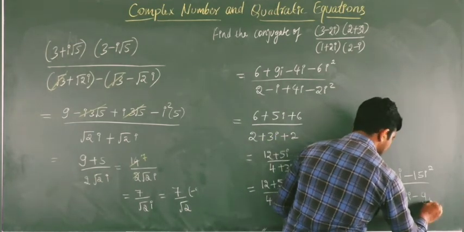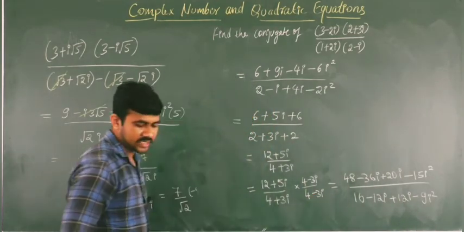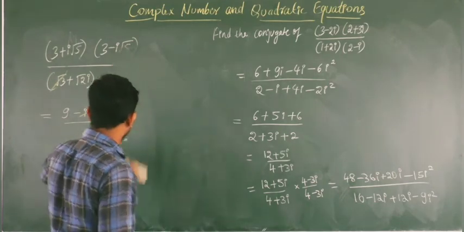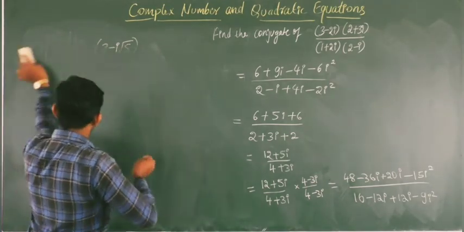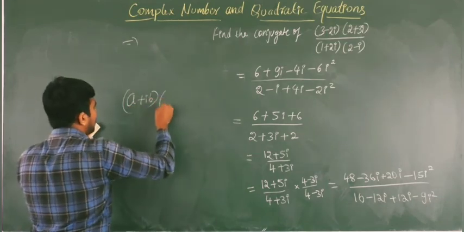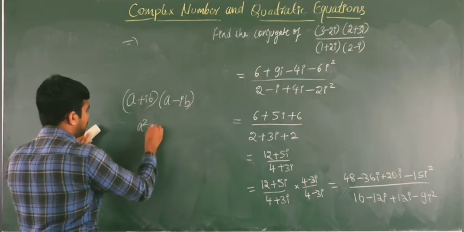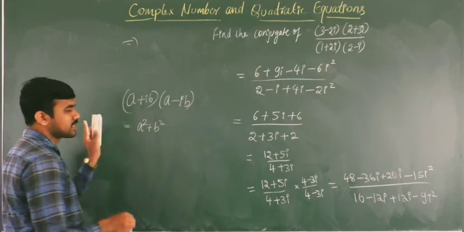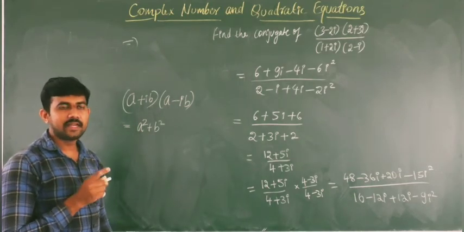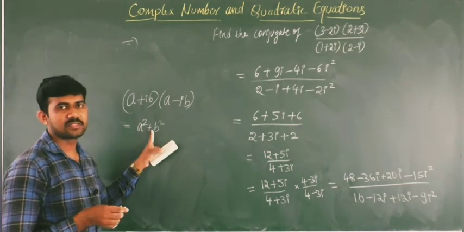Or else you can use the result that a plus ib into a minus ib is equal to a square plus b square. Not a square minus b square, because it is a complex number, not a real number. In complex numbers, a plus ib into a minus ib is equal to a square plus b square.